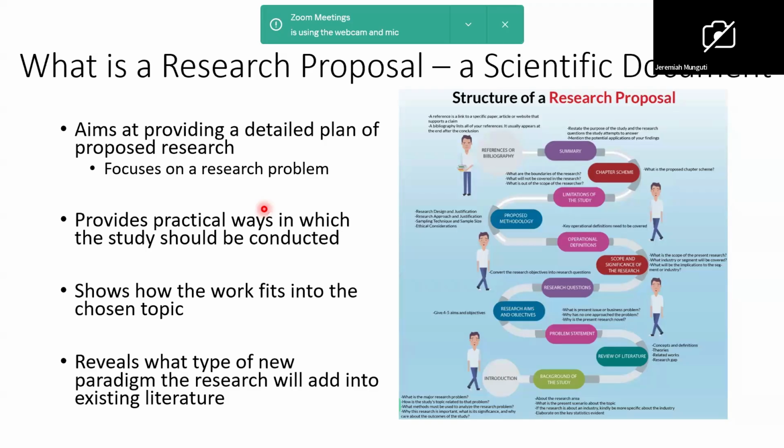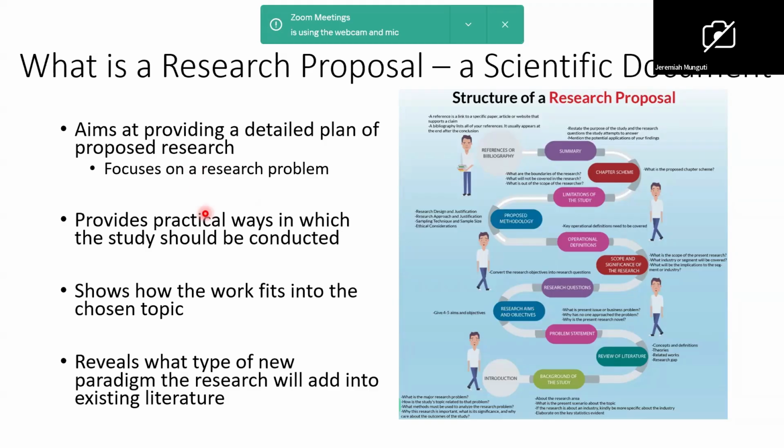And this scientific document you are calling a research proposal aims mainly at providing a detailed plan of the proposed research and routinely focuses on a particular research problem. Others will call it a research question that you want to try to answer.